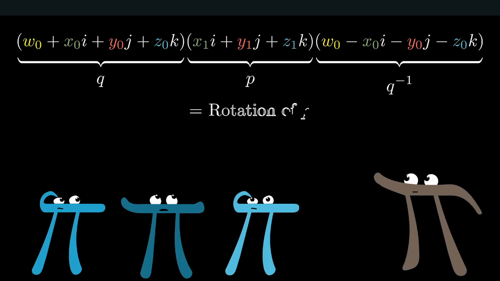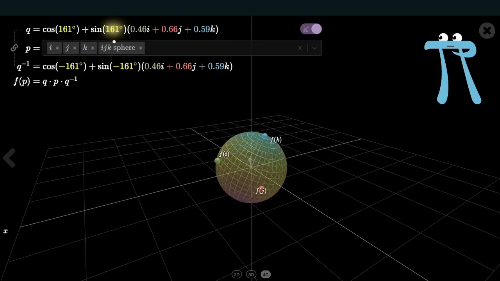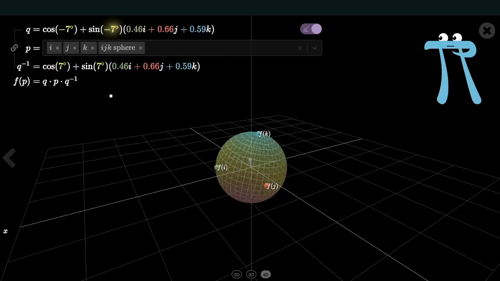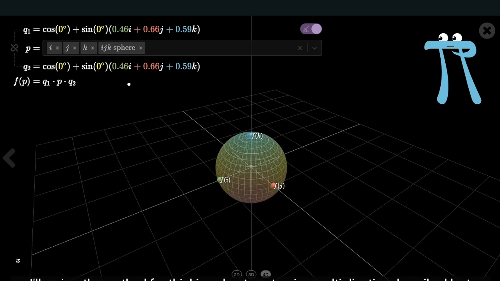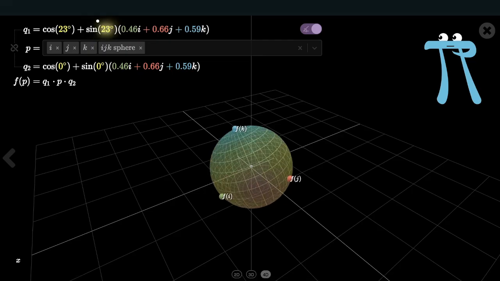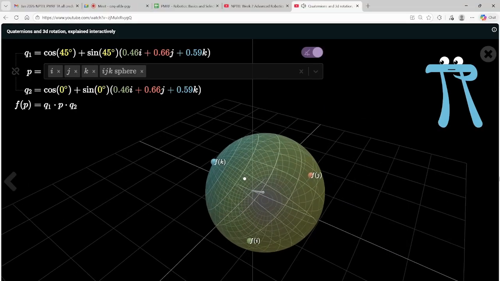And, in what might feel like a bit of black magic, this big computation will return for you the rotated version of the point. Our goal is to break this down and visualize what's happening with each of these two products. I'll review the method for thinking about quaternion multiplication described last video, and explain why half the angle is used, and why you would multiply from the right by the inverse.